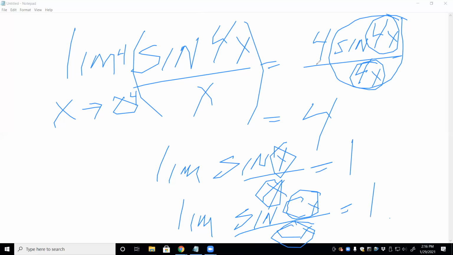And the only way I was able to produce this was by multiplying top and bottom by 4. And then I have 4 times this thing that I know is 1. Okay, that makes sense. And those are the only 3 methods I know for doing limits, and they will absolutely solve all of your problems, those 3 methods.